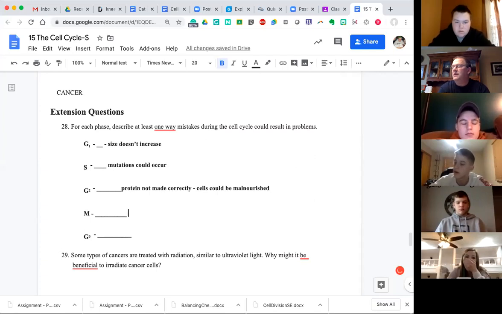Mitosis. That's where the damaged cells could split and make the problem worse. Okay. Or cells couldn't even split correctly.